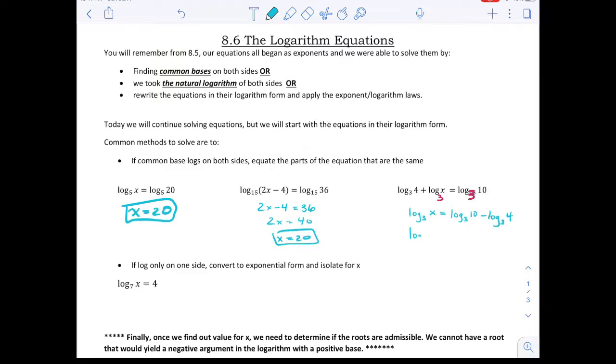So this becomes log 3 of x is equal to log 3 of 10 divided by 4. So now I look at the left and the right side, they both have the same base of 3. I see that x is the argument, so x must be equal to 10 over 4, or 2.5. But that's that one. Sorry about the bases for the original question that we started with. Meant to fix that one.